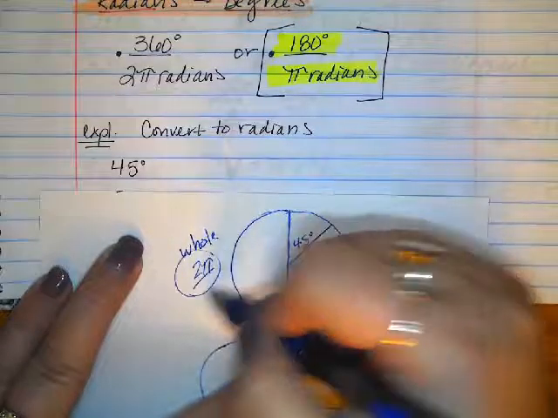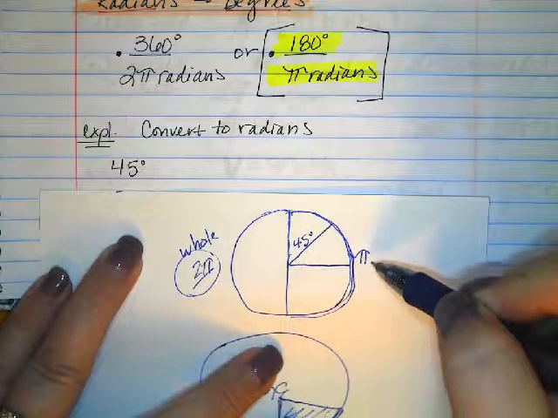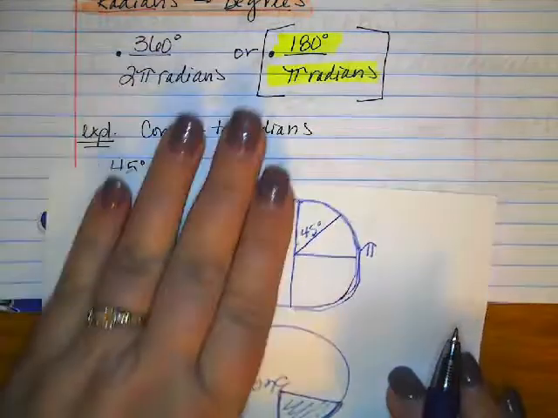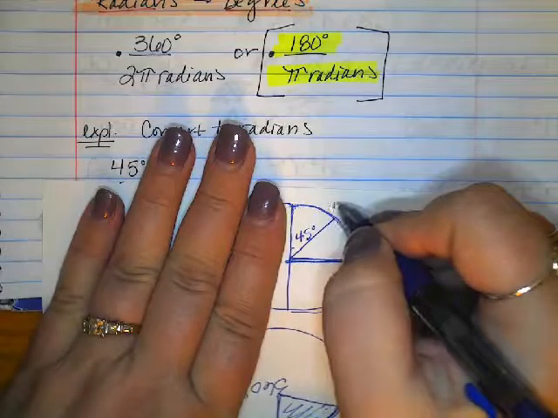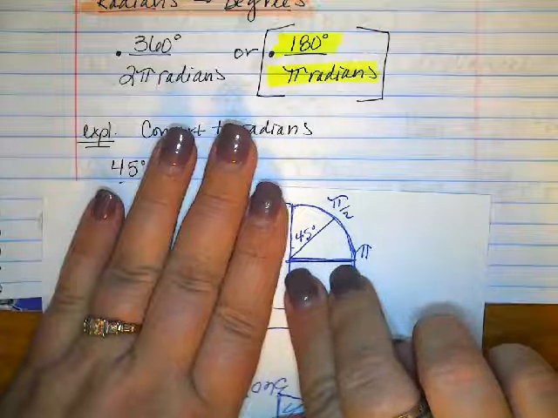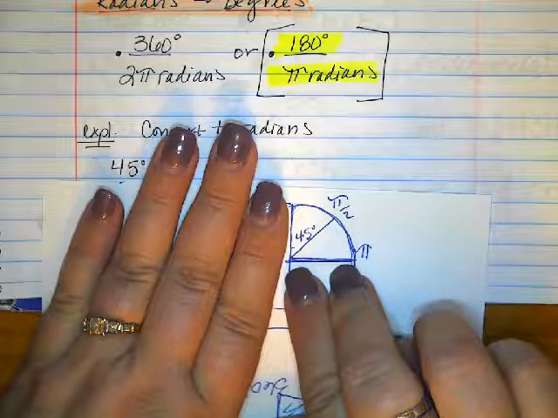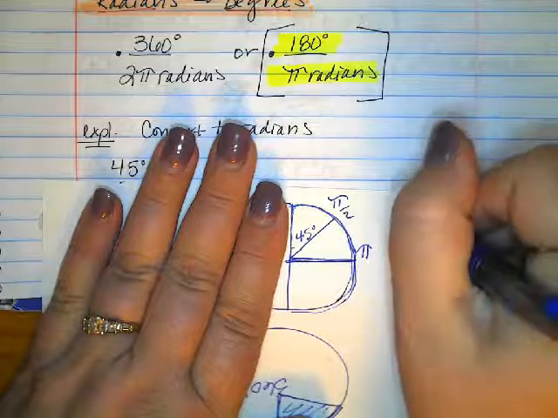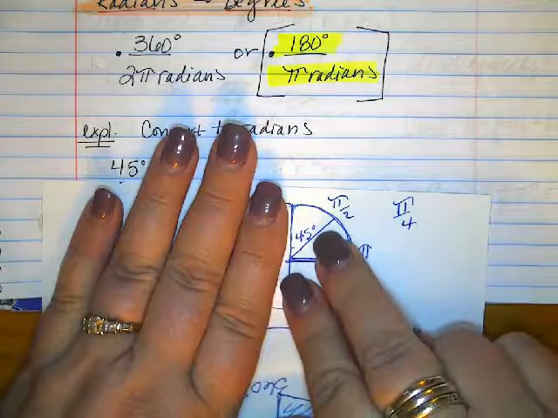So just half of a circle would be pi. Okay, so I chopped it in half. If I chop this in half again, it would be pi divided by 2, so that would be a quarter of a circle. And now for 45 degrees, if I chop that in half again, that would be an eighth of the circle, or pi over 4. Okay, so that's an example of a picture.